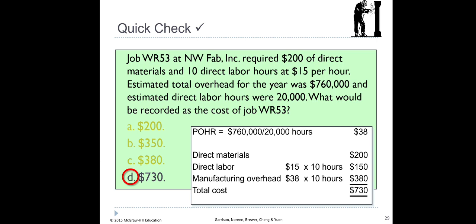Manufacturing overhead equal to $38, the POHR, times the actual allocation base for this job is 10 hours. So $38 times 10 hours equal to $380. Now, you can calculate the total cost for the job. $200 plus $150 plus $380 equal to total cost for the job $730.